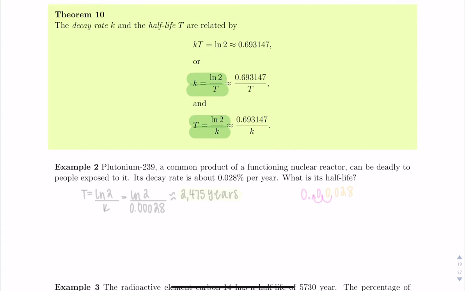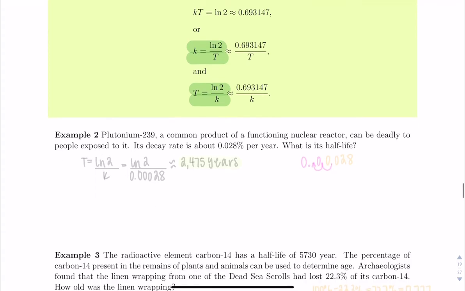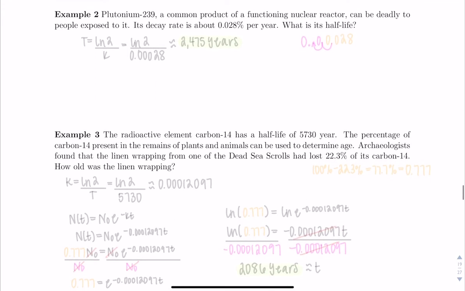Plutonium-239, a common product of a functioning nuclear reactor, can be deadly to people exposed to it. Its decay rate is about 0.028% per year. What is its half-life? So we're looking for the capital T. We're going to use the formula T = ln(2)/k. We know the k this time is 0.028%, but we want to make sure that we plug in a decimal. So we need to move the decimal 2 spots to the left.